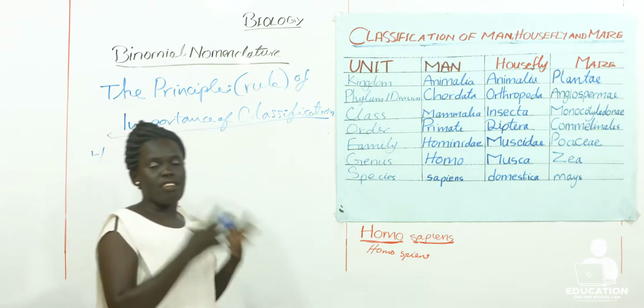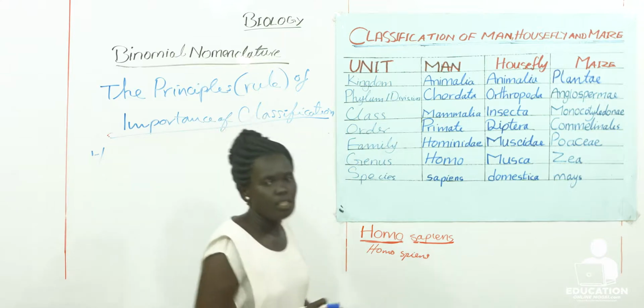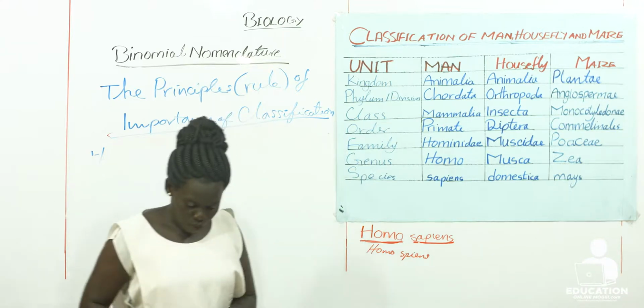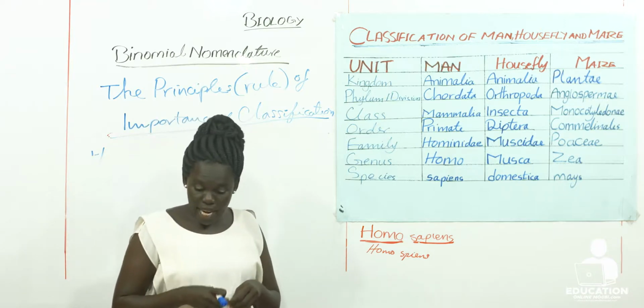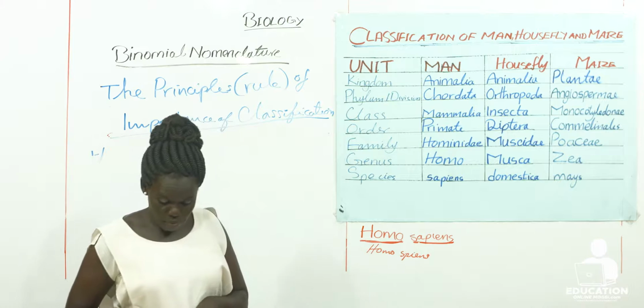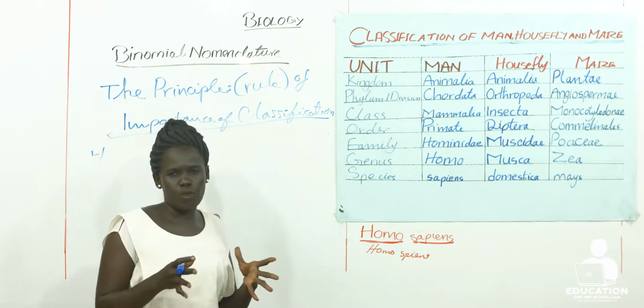So you can identify the group of living organisms correctly using classification. Number 3, it helps us to arrange information about living organisms in an orderly manner to avoid chaos and confusion.